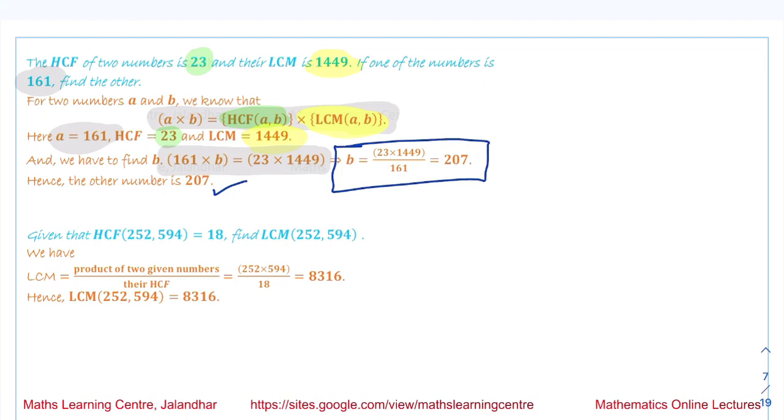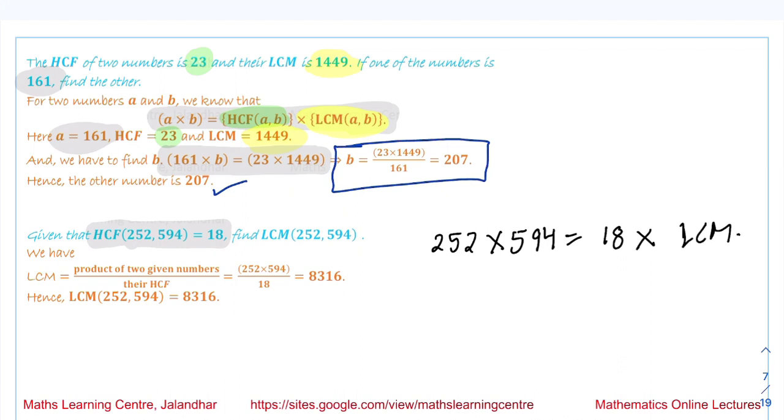Similarly, in this next question we are given the two numbers 252 and 594, and the HCF of these two numbers is 18. You have to find the LCM.